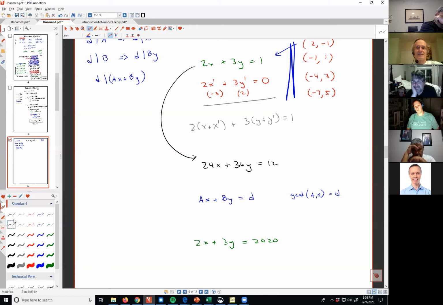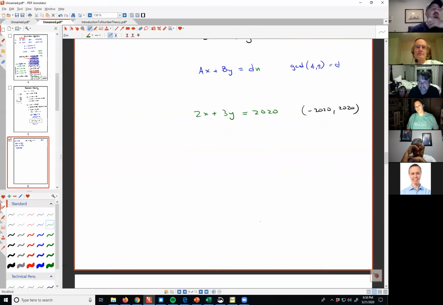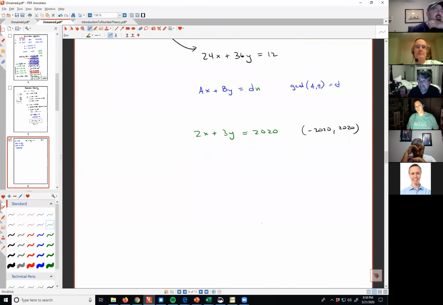As an example, we have negative 2020, 2020, and that's a pretty easy one to plug in right there. So we can say that ax plus by equals d times any integer, or what is the simplest way that we could possibly write this? What would we want to do?